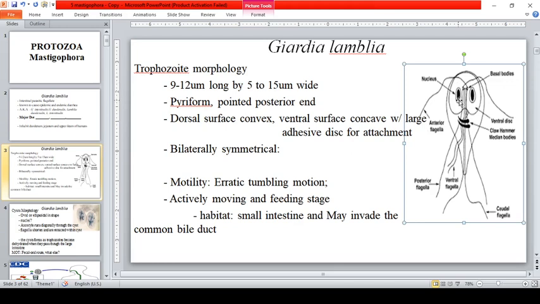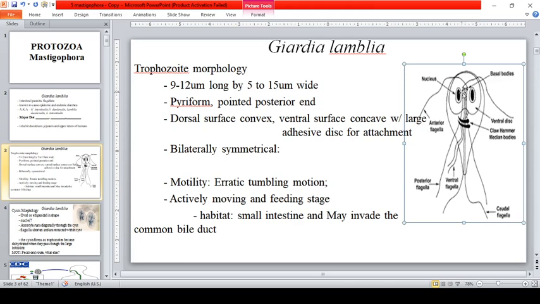That's why it is sometimes referred to as the ventral sucking disc. It is bilaterally symmetrical. What do you mean by that? What you see on one side is the same as the other side.